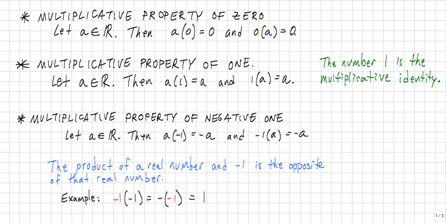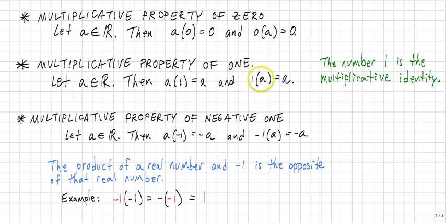Multiplication is commutative, so you can multiply in any order you'd like. How about if you multiply by the number 1, so the multiplicative property of 1. If you have any real number, A, and you take that real number times 1, you just get A. So the real number remains unchanged.